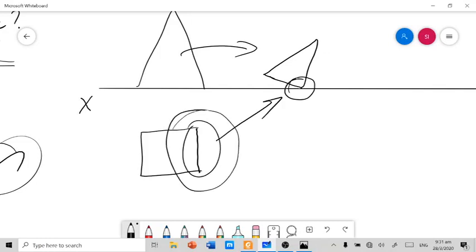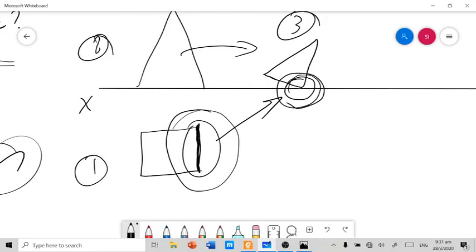This arrangement will reflect in the third step. So this is your first step, second step and third step. When you make one base edge perpendicular to VP in the first step, then automatically that base edge will come and rest on HP when you tilt the solid in the third step.